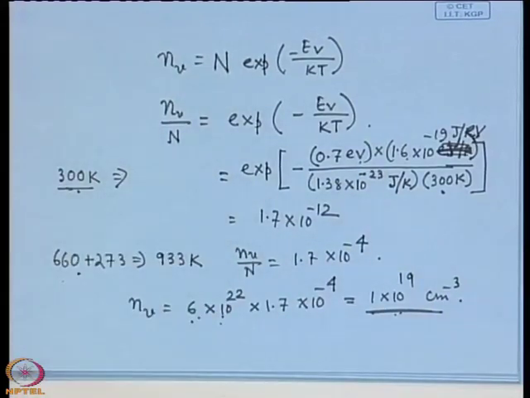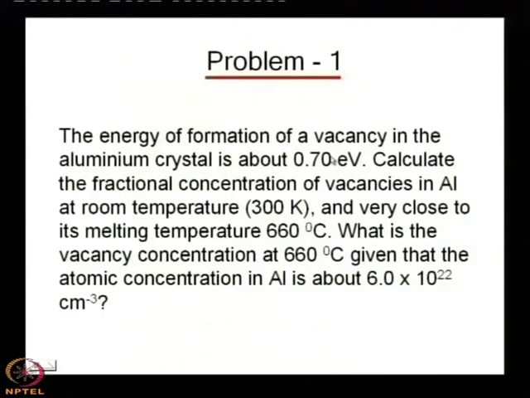The problem is, you see that the energy of formation of a vacancy in the aluminum crystal is about 0.7 electron volt. Calculate the fractional concentration of vacancies in aluminum at room temperature, that means 300 K, and very close to its melting temperature, 660 degree centigrade.